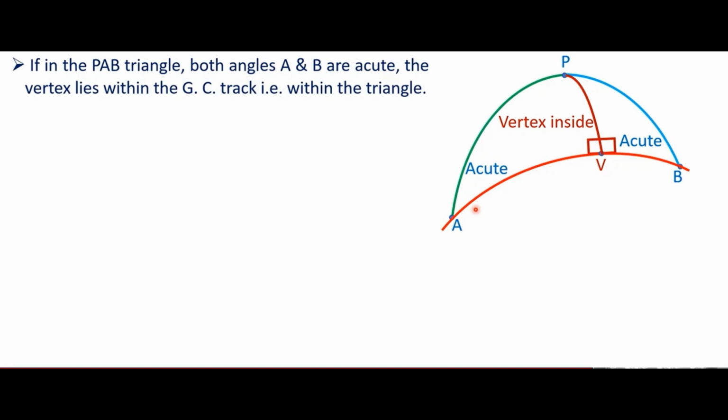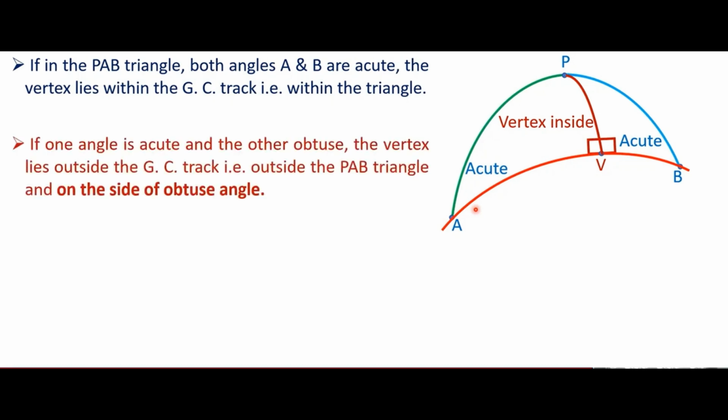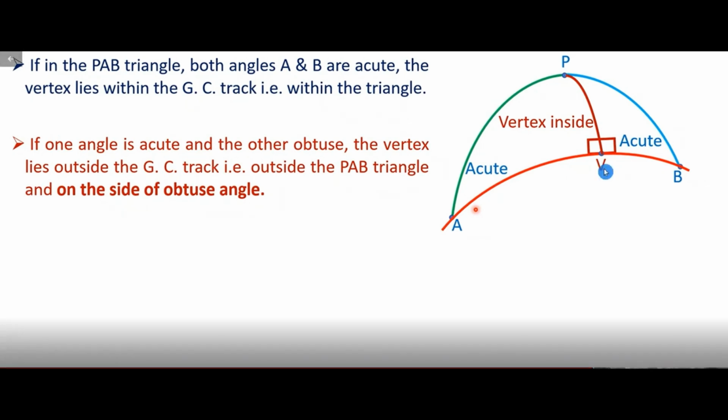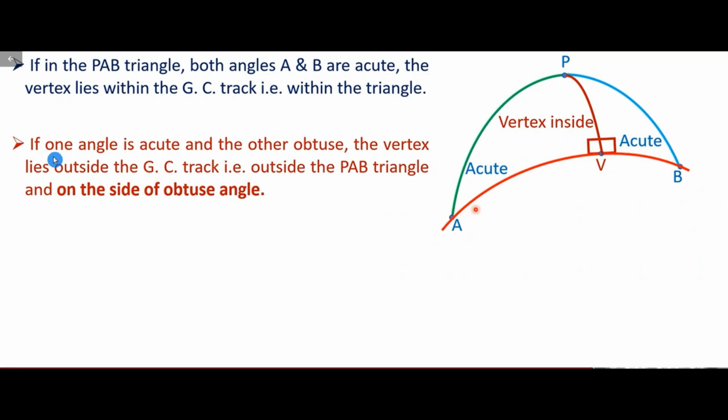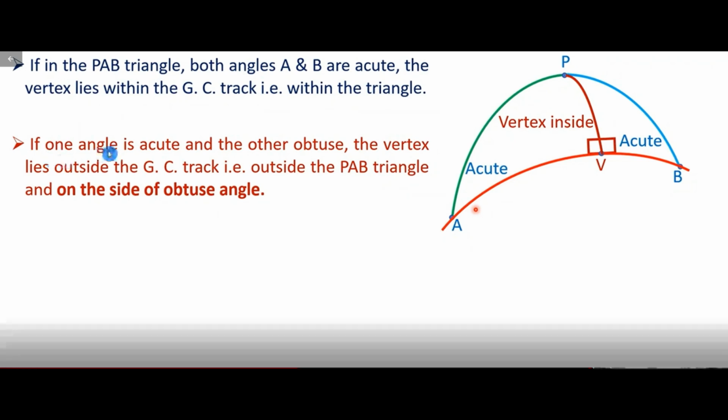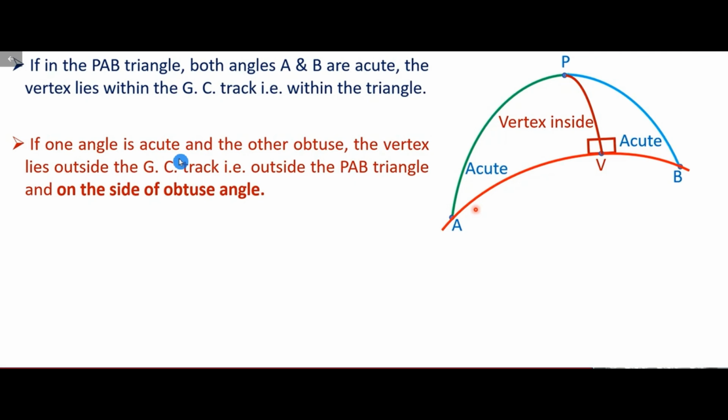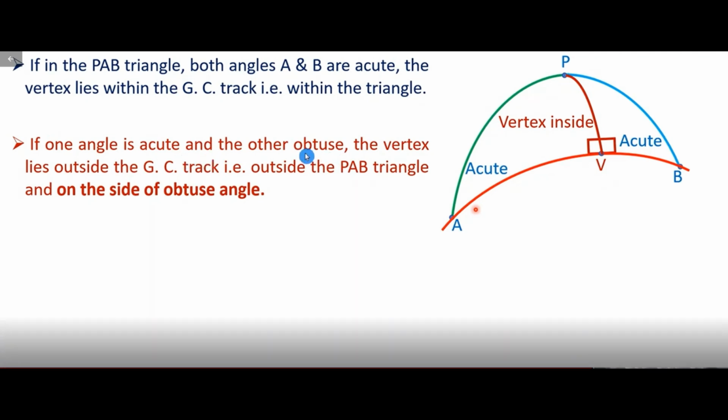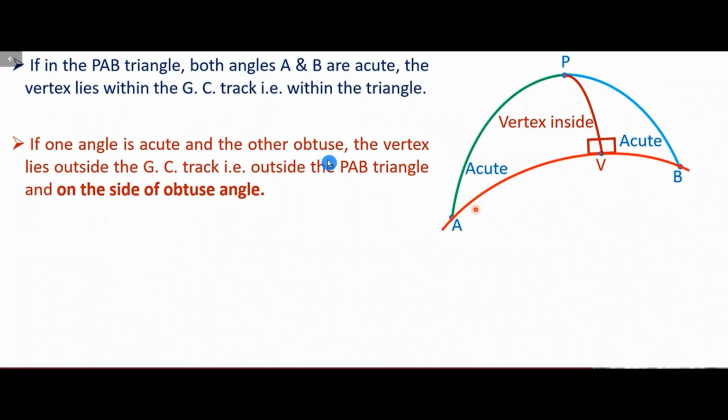However, on solving for angles A and B of the PAB triangle, if we find that any one angle happens to be acute and the other one obtuse. Okay, now beta, we are coming to the second condition. We found angle A and angle B by using the cosine formula. One angle is acute, meaning less than 90 degrees, and the other angle we get is obtuse, let us say 110 degrees.